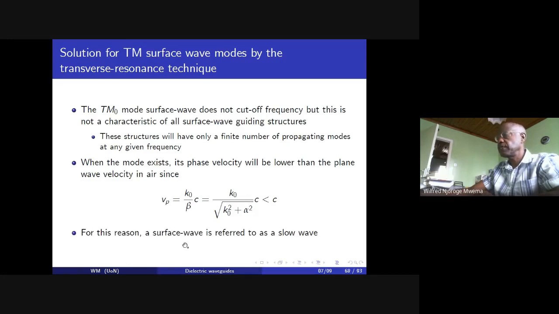And for this reason, the surface wave will always be referred to as a slow wave. There are a lot of devices that have been designed for this kind of operation, and we call them surface acoustic wave filters and the like, or what you would call SAW.